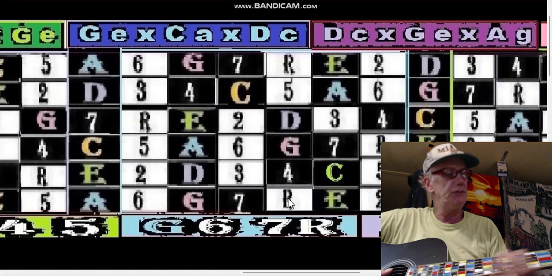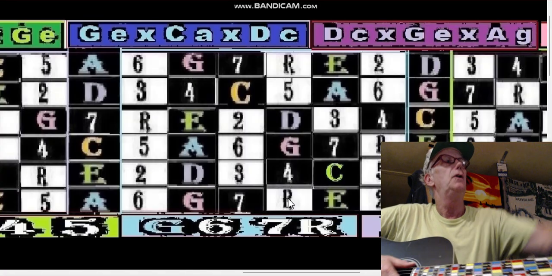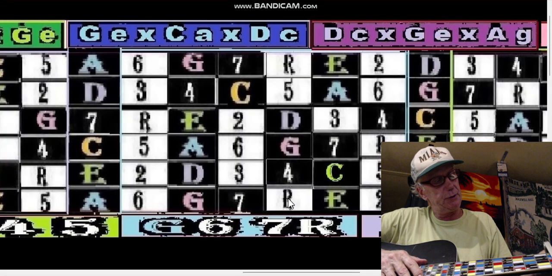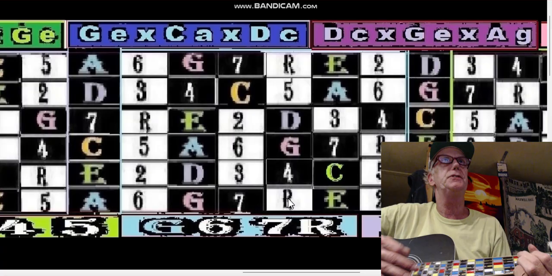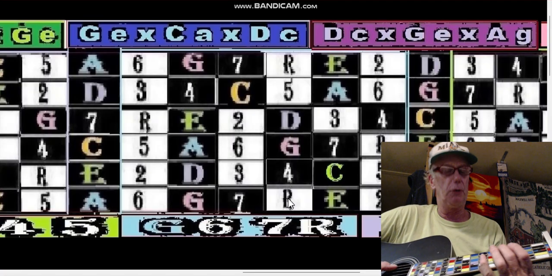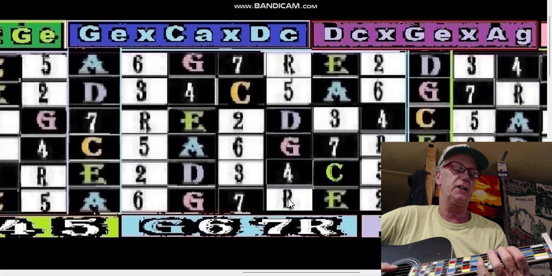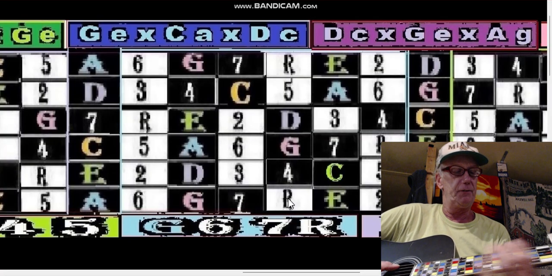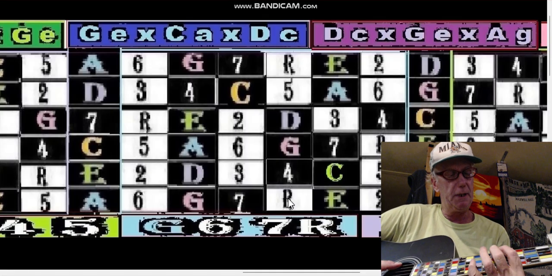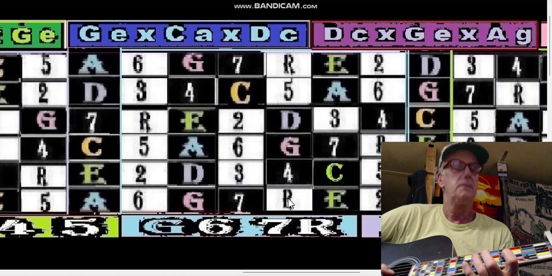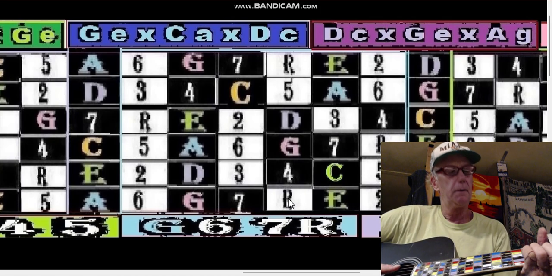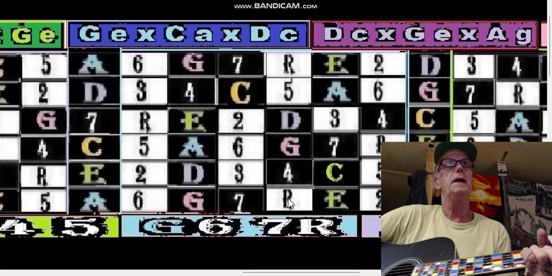All right, so in the G shape, let's take a guess and put it on the normal setting there. In the G shape here, the root is right here. We just go up one and call that the sixth. So we would have, let's play that E, go to its minor. That would be its sixth.